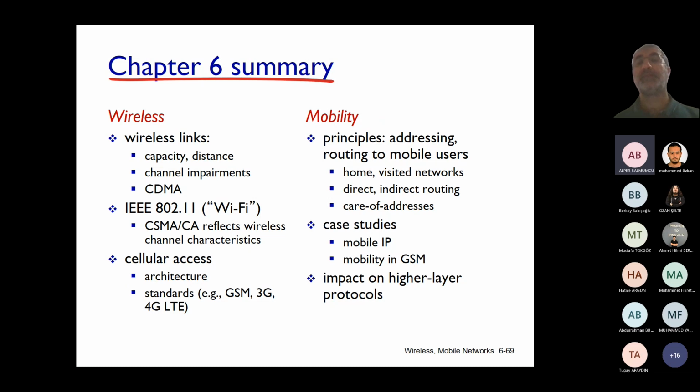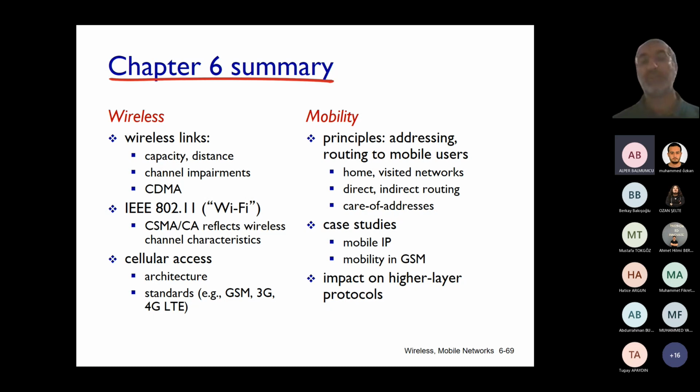So to summarize chapter 6, what we learned today in terms of wireless technology: we have wireless links. The capacity, and the distance between the transmitter and receiver, can affect the performance of wireless links, along with some channel impairments, and more specifically, we talked about CDMA as a multiple access technology.